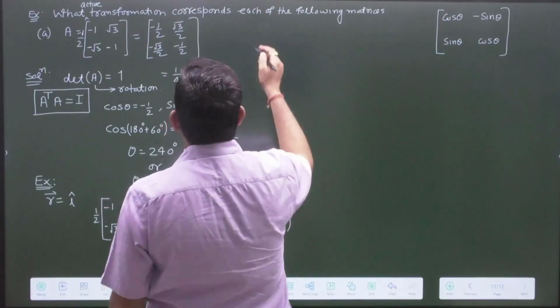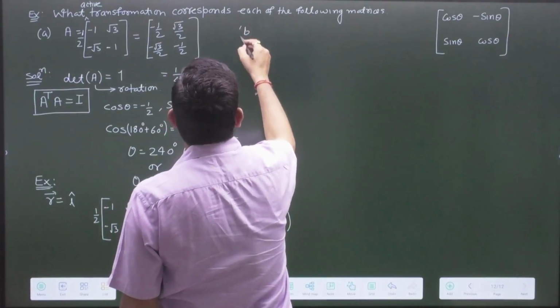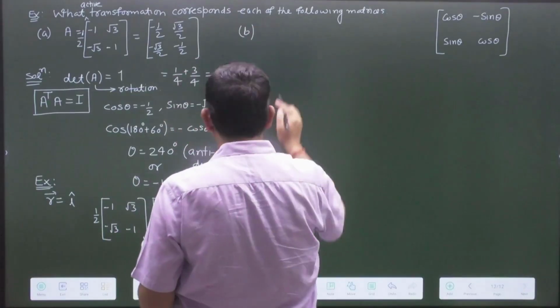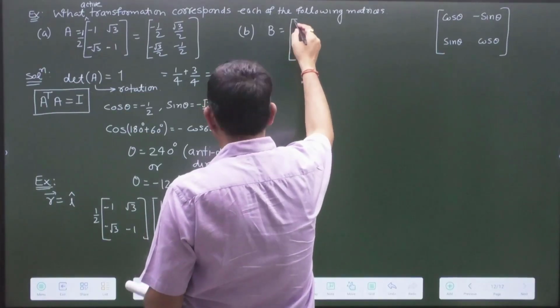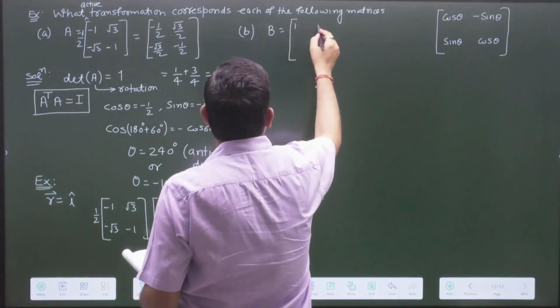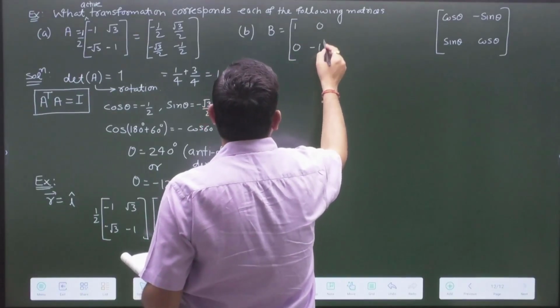Now you have another matrix B. Let's say this matrix B is 1, 0, and 0, minus 1.